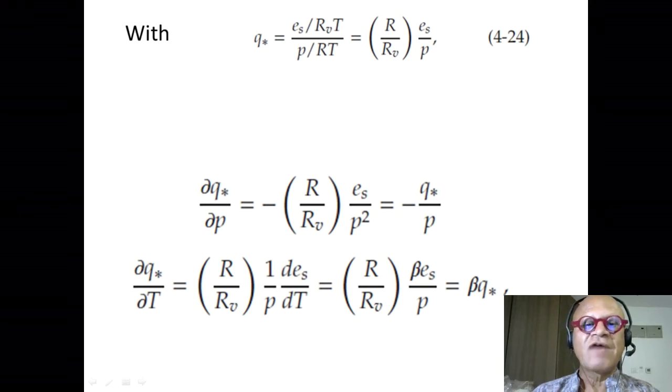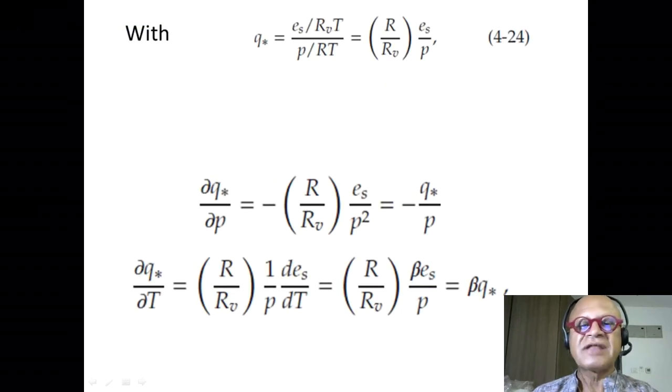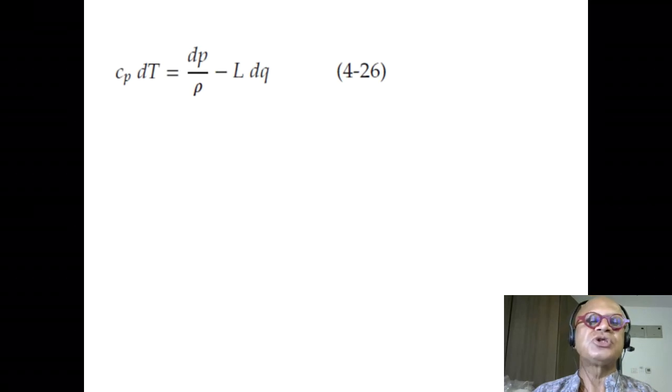Okay, so you have the expression for dq star/dp as minus q star over p and dq star/dT as beta q star. Obviously we can go back to this relation when we have this and this, right? Pressure dependence and temperature dependence of saturation humidity.